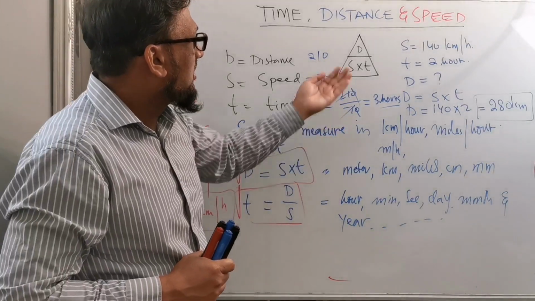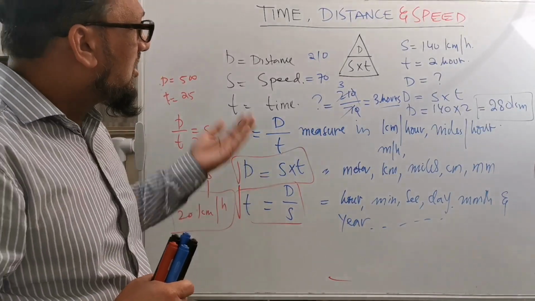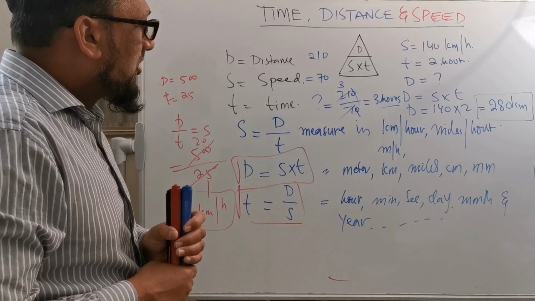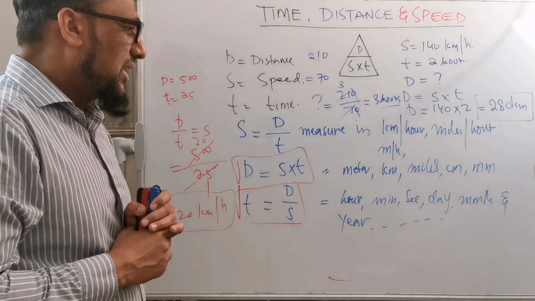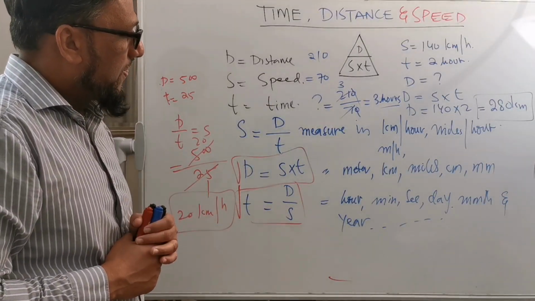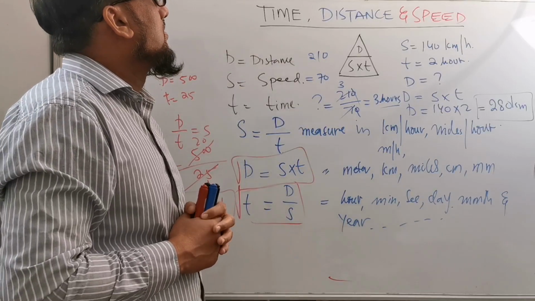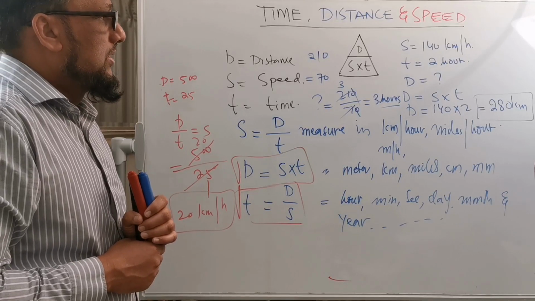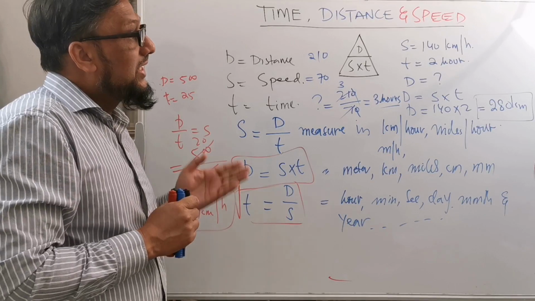And also the distance can be measured in kilometers, meters, centimeters, millimeters, and also the time is in hours, minutes, seconds, days, years, and also in different options. So this is time, distance, and speed. And now I'm going to work out one of the exam questions.